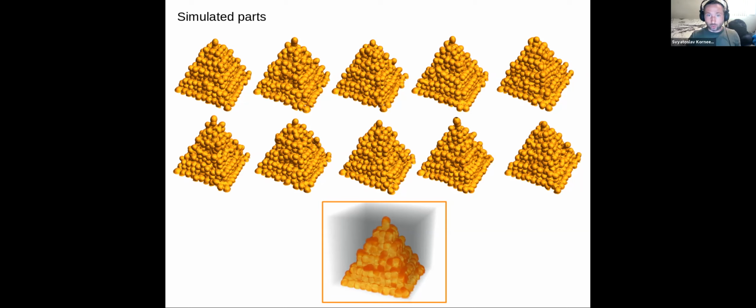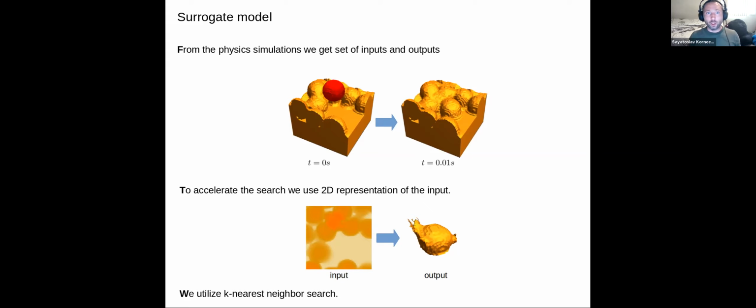The model order reduction is based on a search. From the multi-physics simulation, we have an output, so we have a training set. On the left-hand side is a surface of the substrate, and on the right-hand side is the shape of the solidified droplet. Our reduced model is based on a search: for a given substrate, we find the shape of the solidified droplet.